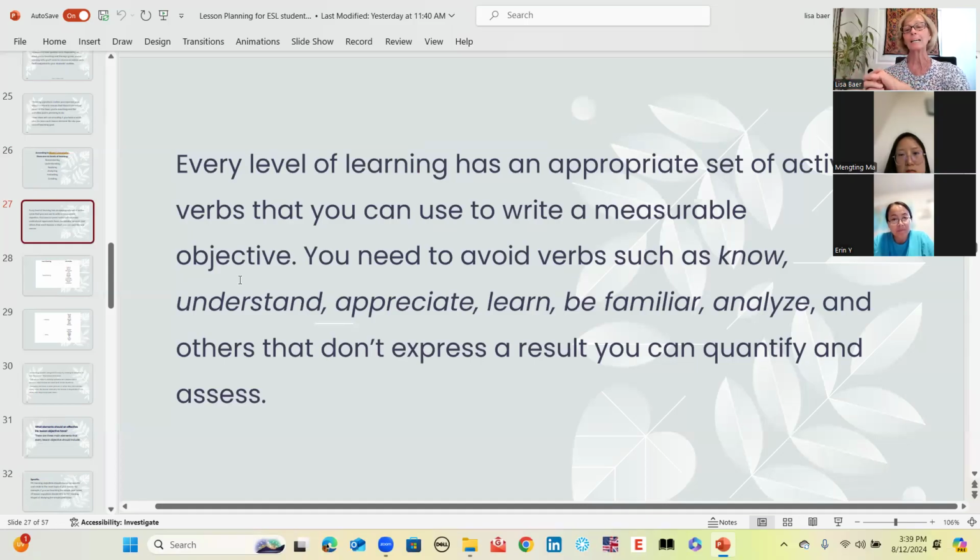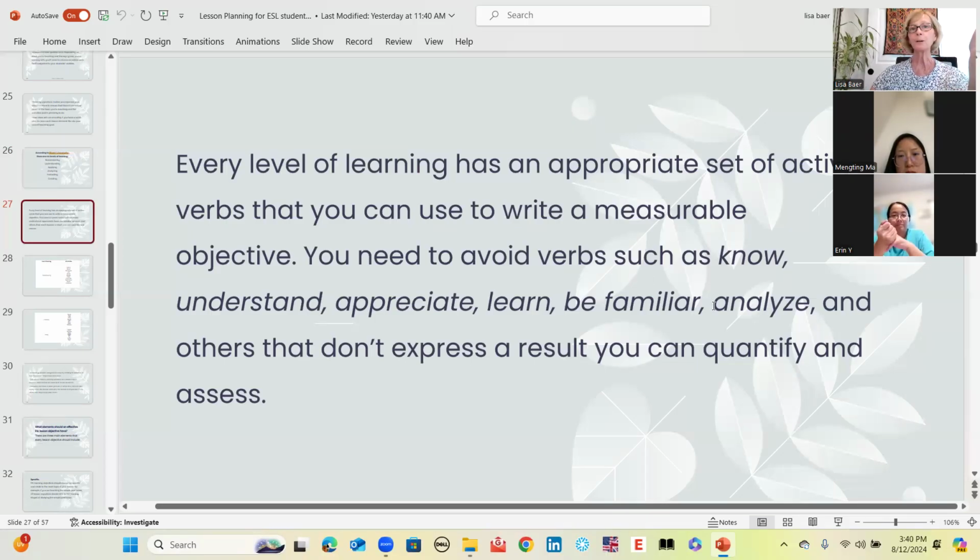I don't know about analyze, because I think analyze is something very specific. But everybody has their own ideas. And then others that don't express a result, you can qualify and assess. So analyze, you can.